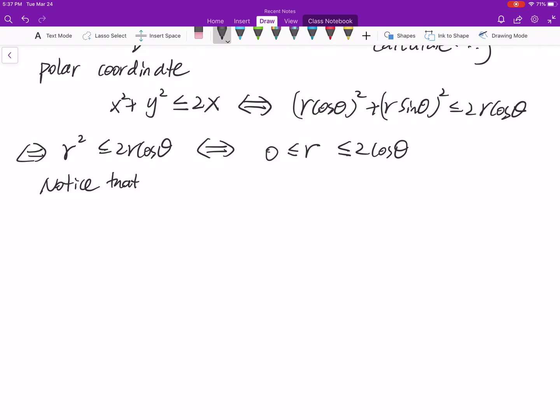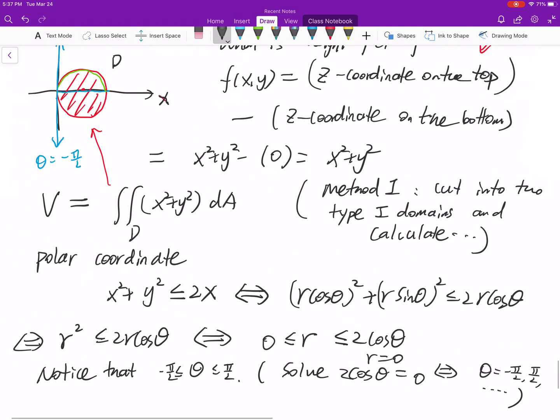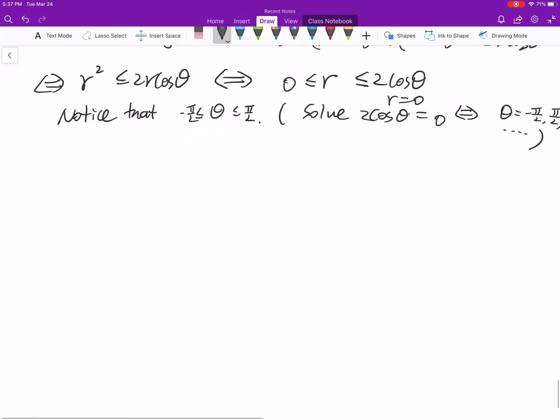Or you can solve the equation r equals 0 as before. You can derive theta is negative pi over 2, pi over 2, shifted by k pi. So we choose the closest two solutions according to the picture.